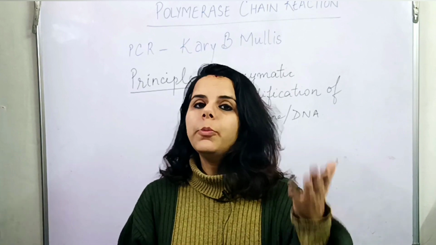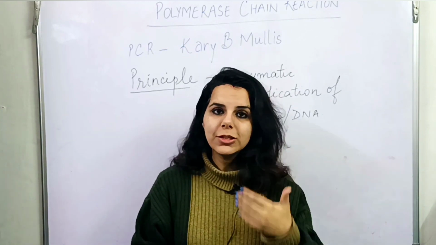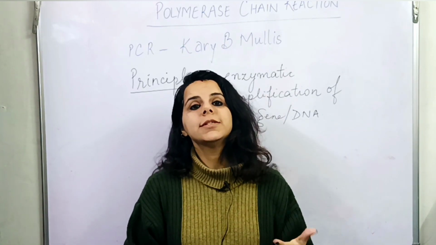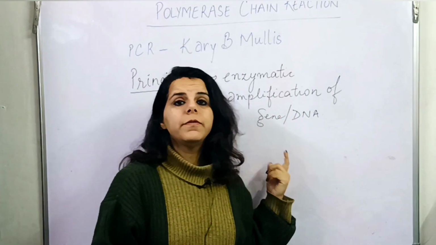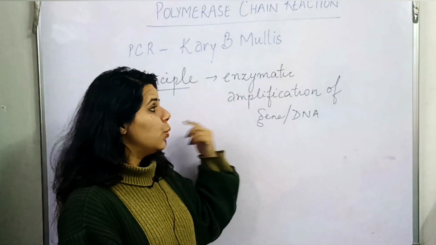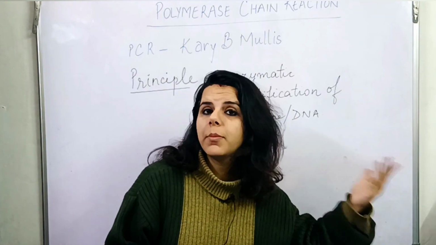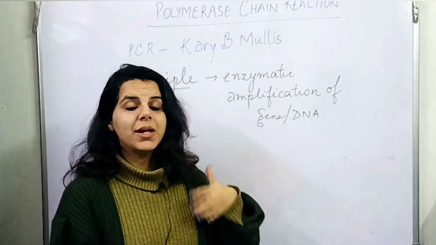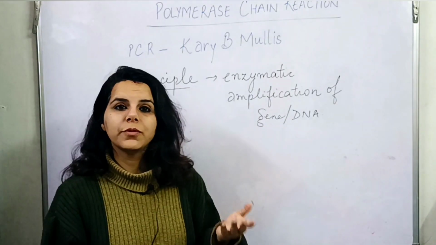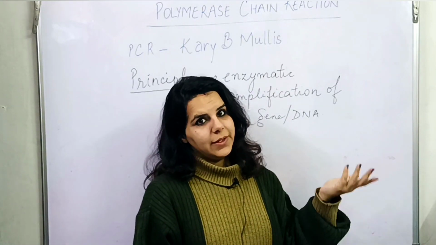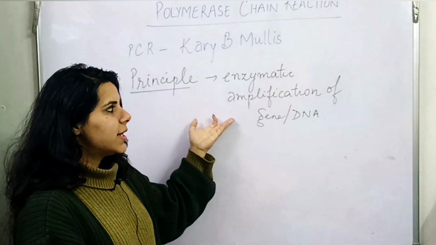Right. So now PCR, as it is suggested, is the amplification of DNA. It means we are going to make multiple copies of the same DNA or the same gene. Why is it called amplification?